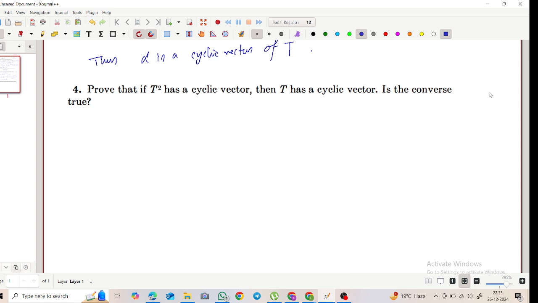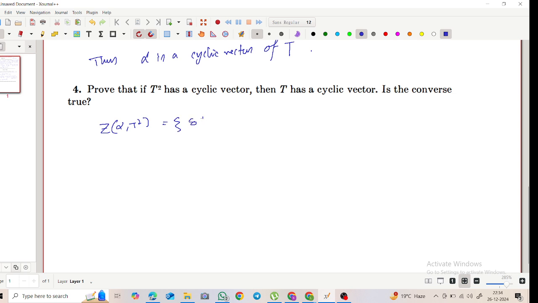Okay, so let's do number 4. So let's write down the definition of Z(alpha; T square) first. What was it?